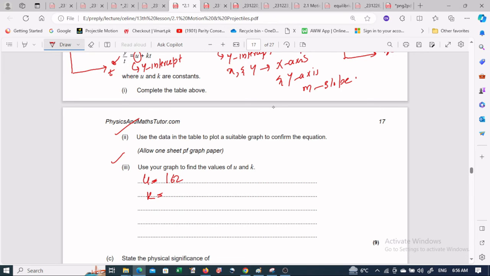So slope is equal to delta y over delta x. Delta y is the difference between the y points, and when we take the difference between the y and x points, we come to know that our slope is 495. The slope of 495 gives us 495 centimeter per second squared.